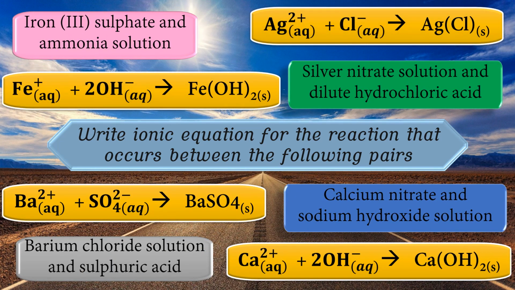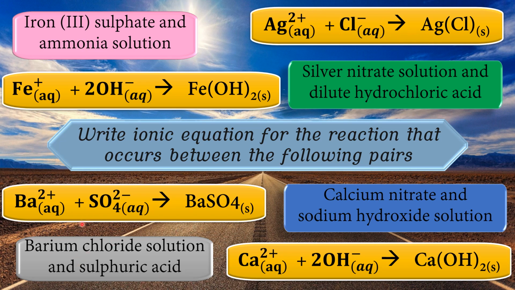So that is the reaction between iron(III) sulfate with ammonia solution, the iron ions and hydroxide ions forming iron(III) hydroxide. We have silver nitrate reacting with hydrochloric acid, the silver ions reacting with the chloride ions to get silver chloride.